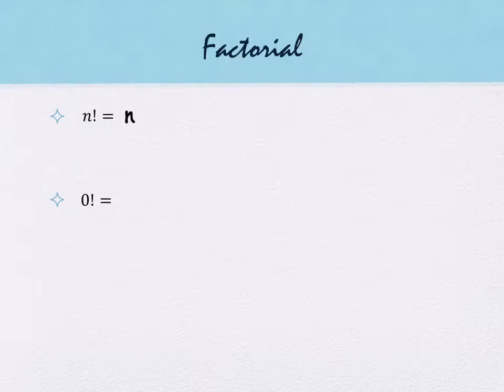What it means is that you take the number n, whatever that number is, and you multiply it by the value 1 less, and then the 1 less than that, and you work your way all the way down until you multiply by 3, and then 2, and then 1. So all the natural numbers get multiplied out lower than that value.